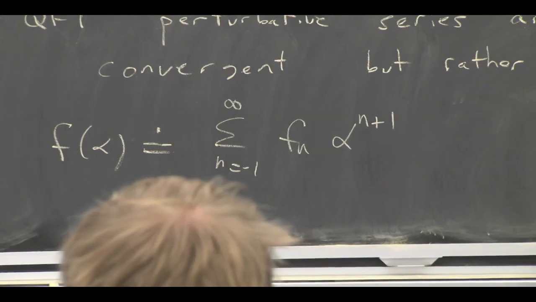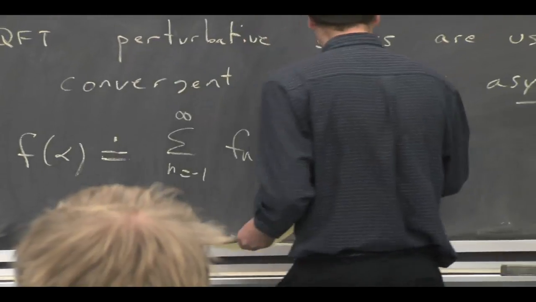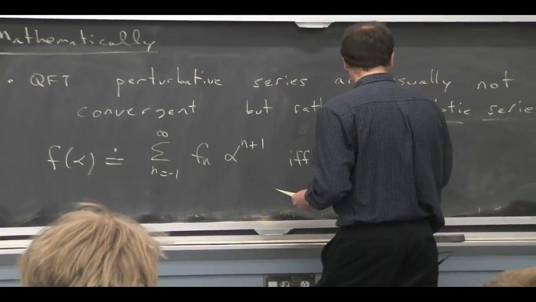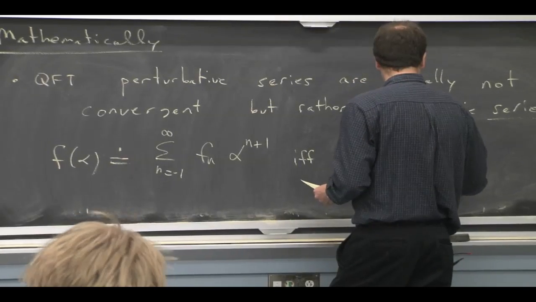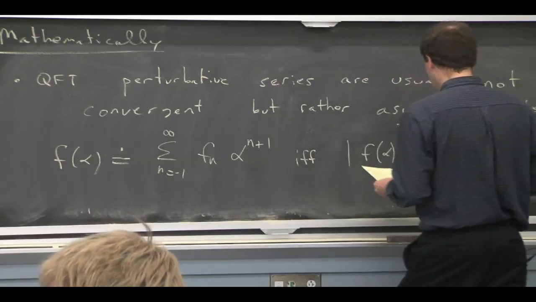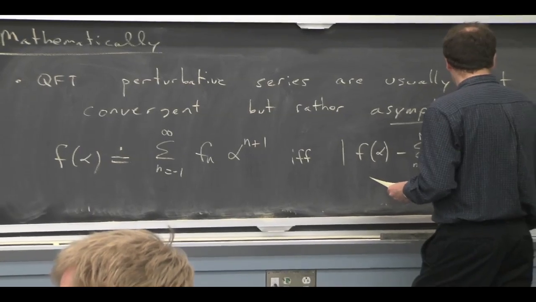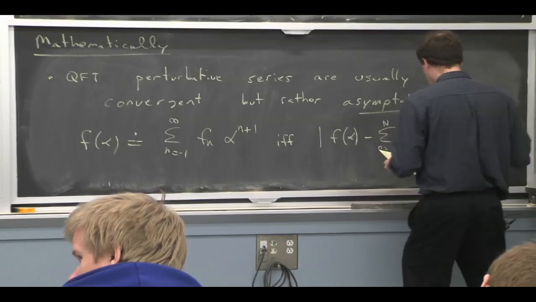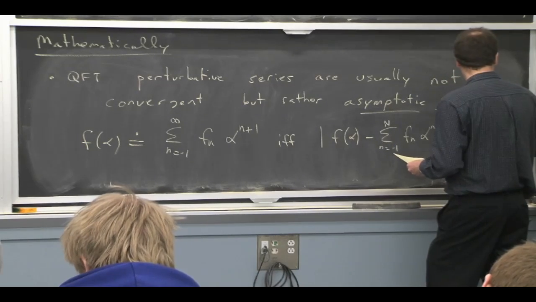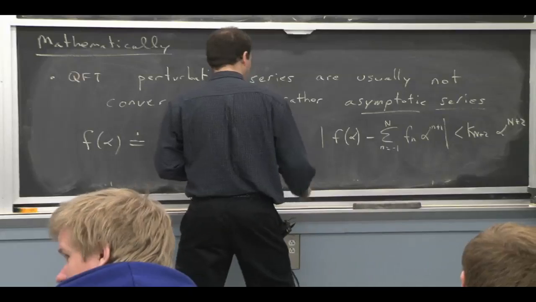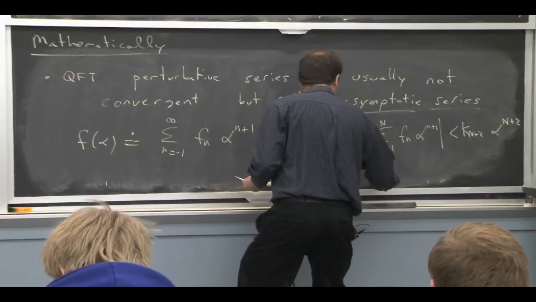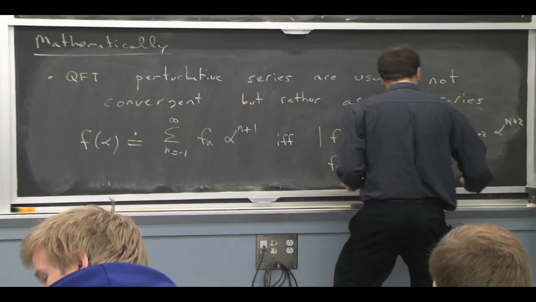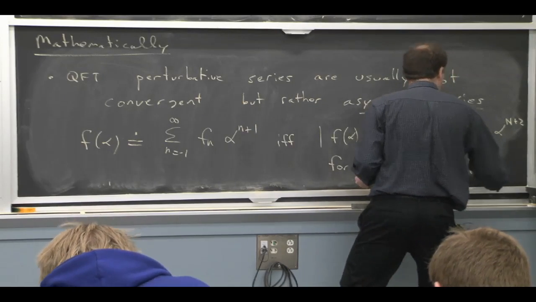And we say that the function has an asymptotic series if and only if the following is true: f of alpha minus the partial sum up to some level n is less than the scaling that you would get from the next term in the series, which is alpha to the n plus 2, for some numbers k n plus 2.